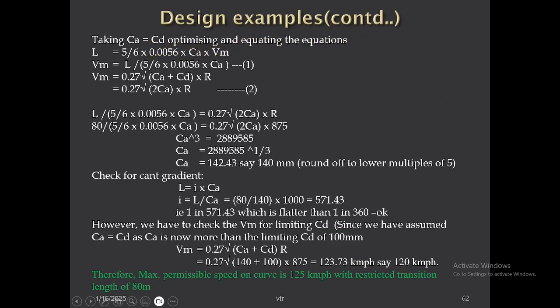Now, see, this is your first equation for length of transition: L = 0.0056 CA into VM. Here, for optimization, we are considering CA equal to CD.